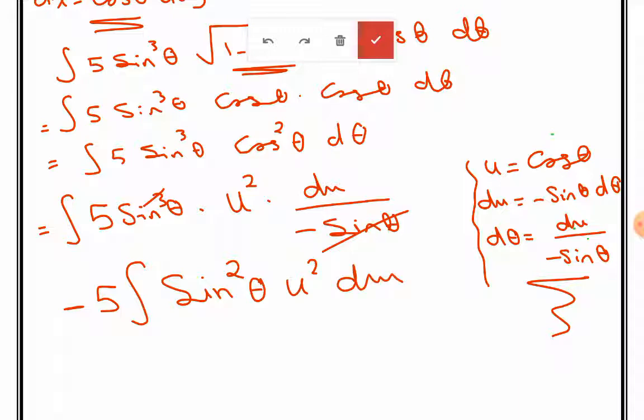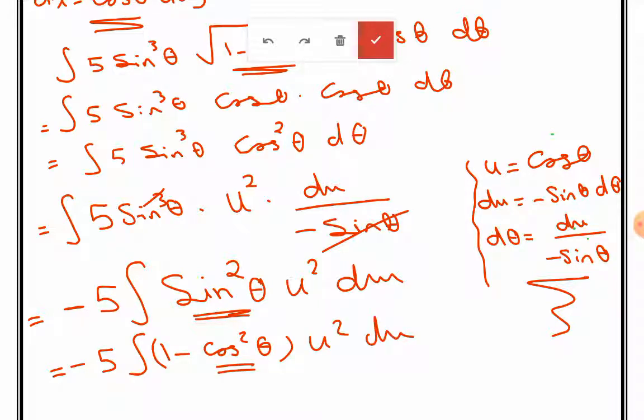Oh, we have sine and du. What should we do here? Yes, sine squared can be written as 1 minus cosine squared theta times u squared du, and cosine squared will be now u squared, right? Negative 5 integral of 1 minus u squared times u squared du.